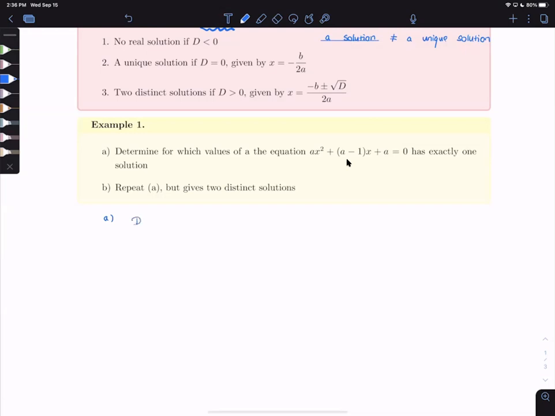So D equals what? Not letting it equal 0, from here, what is my D? B squared. So it is A minus 1 squared, B squared, minus 4C, so 4 minus 4A squared. Is that what you get?